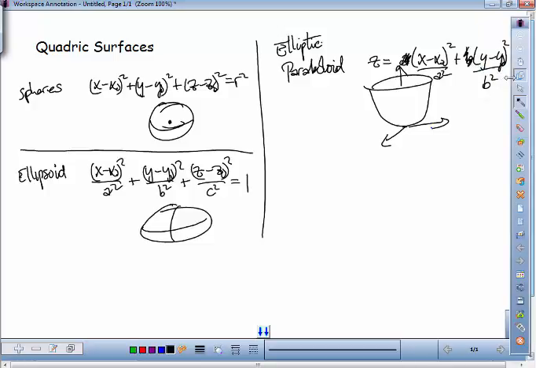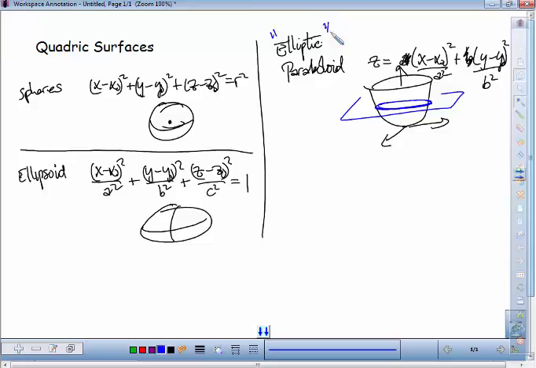I think that looks more elliptical. The word elliptical is inspired by a horizontal cut of the surface, and then the result that you would get would be an ellipse.